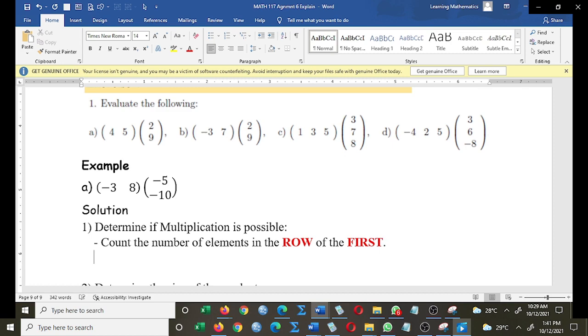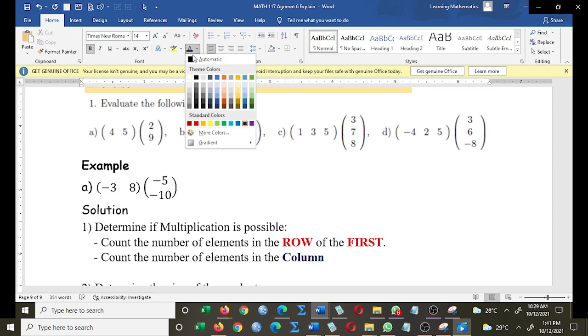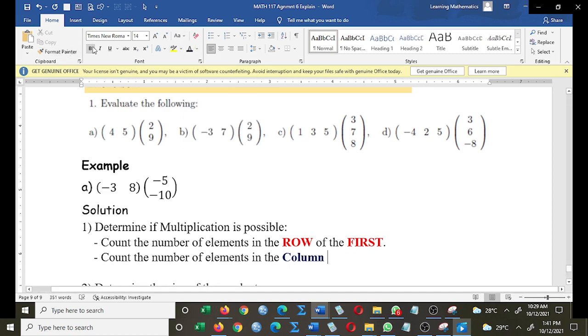The next thing you do, you count the number of elements in the column of the second.